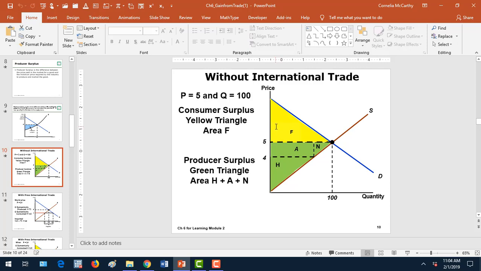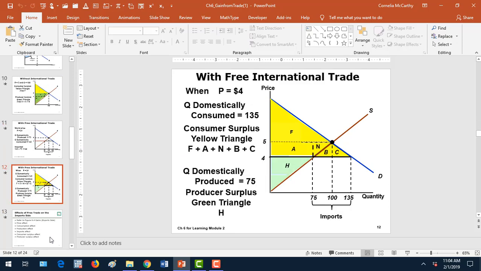And that surplus benefit is divided between consumers, in this case the yellow triangle with F, and producers, which is really the whole green triangle, everything below the line, but we use the dividing that section for convenience because momentarily, when we introduce trade, some of the producer surplus is going to be divided up and actually be handed back to consumers.